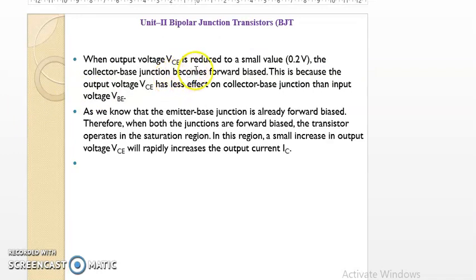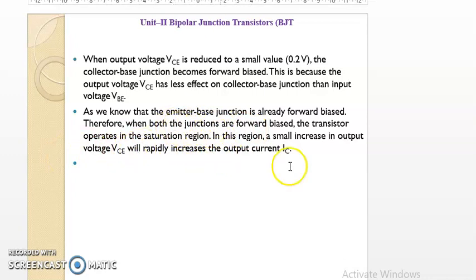When output voltage VCE is reduced to a small value, 0.2 volt, then the collector base junction becomes forward biased. This is because the output voltage has less effect on the collector base junction than the input voltage VB. As we know, the emitter base junction is already forward biased, therefore when both the junctions are forward biased, the transistor operates in the saturation region.